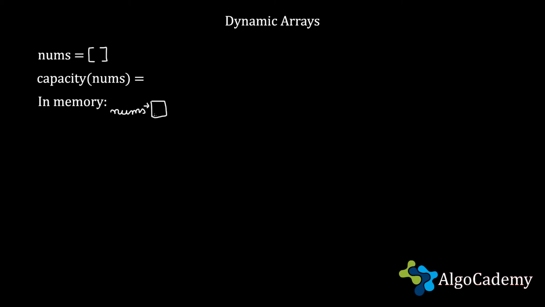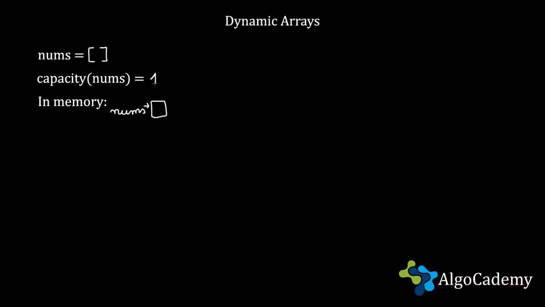And what happens here, because you notice this capacity of nums, each dynamic array has a property called capacity, which basically means how many elements it will be able to store at most at some moment of time. So basically the size of the contiguous segment of memory that is allocated for the array. For now, it is 1. Cool.